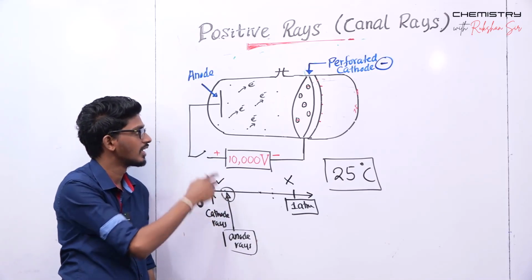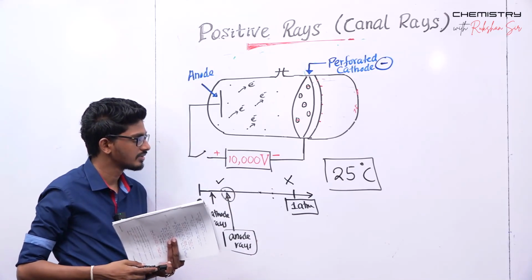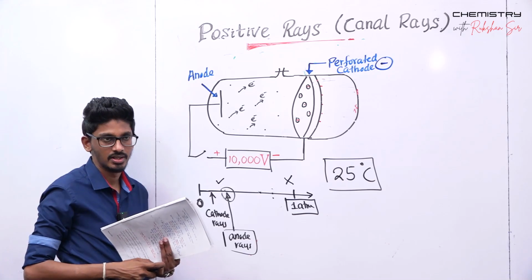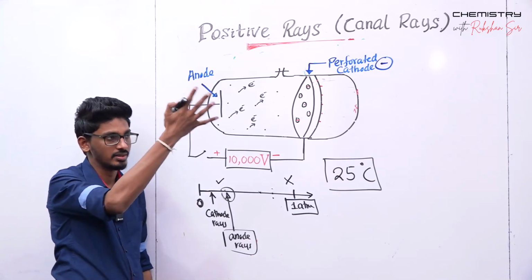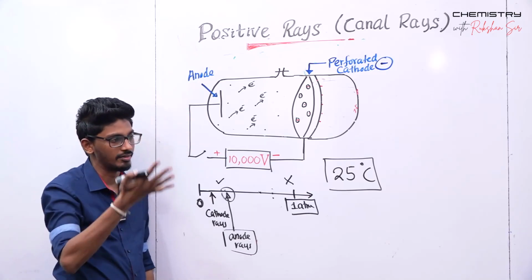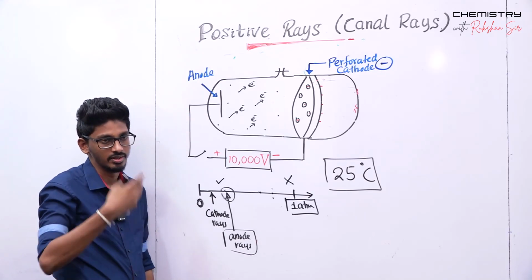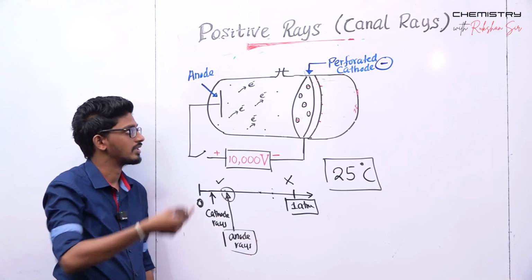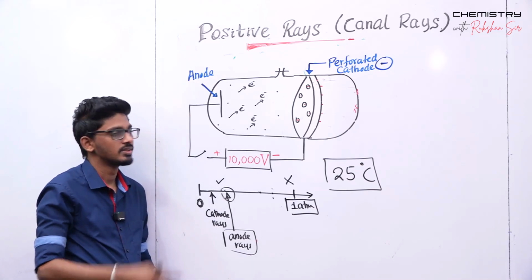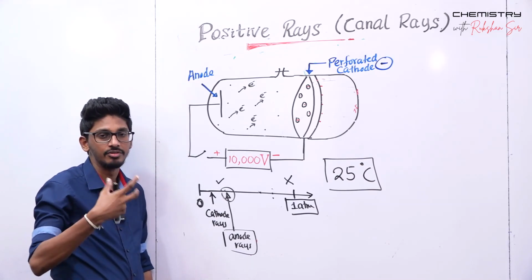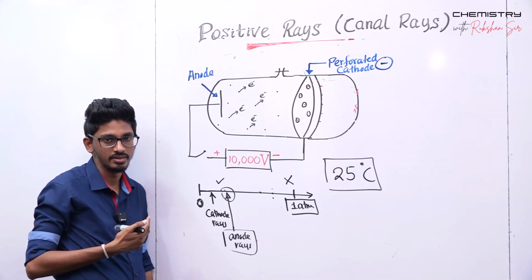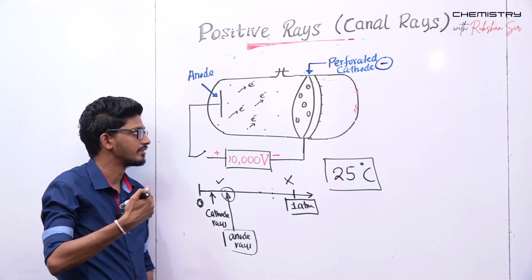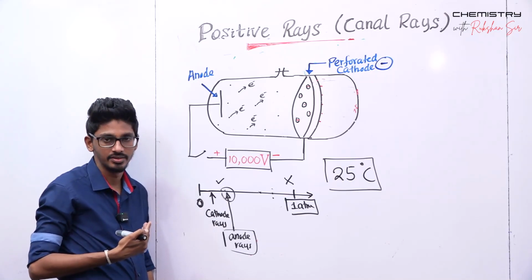The gas particles here are not ionized at 1 atm, no? But when it comes to very low pressures, we have few gas particles, and some of those are ionized.